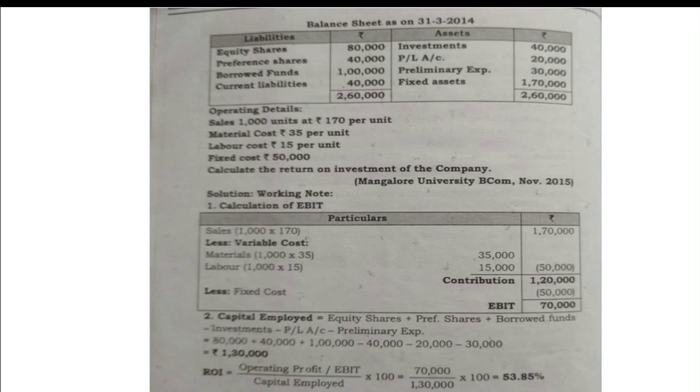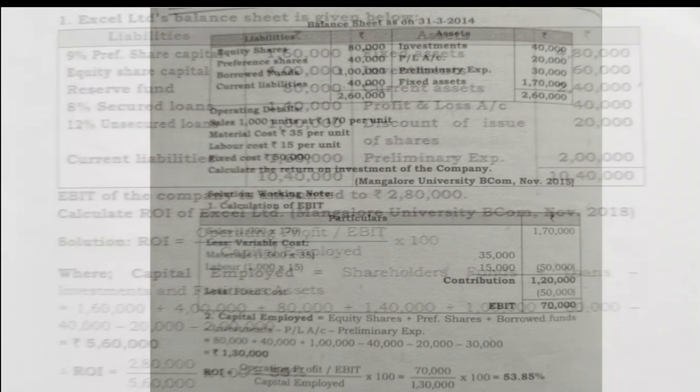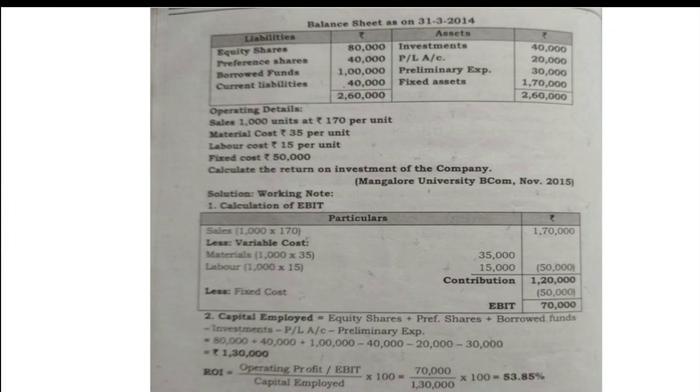In this question, two variable costs are given: materials and labor. They are variable costs because as sales increase, variable cost increases, and as sales decrease, the labor cost also decreases. Material cost is rupees 35 per unit.